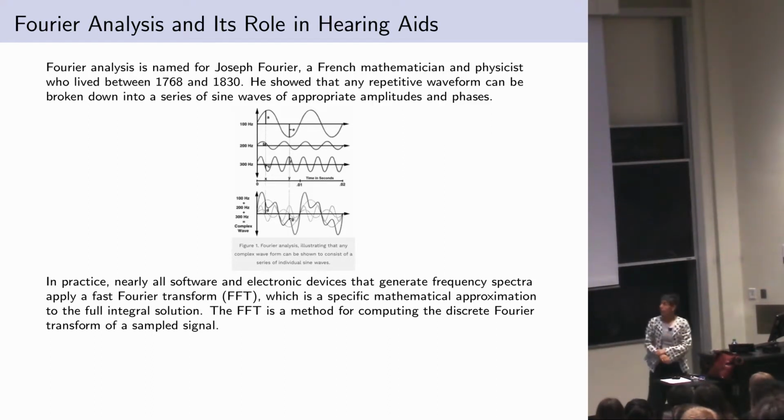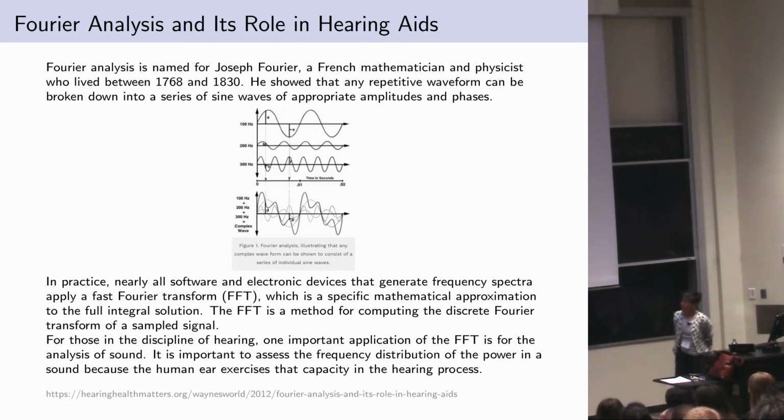You only take some, okay? And that's what the fast Fourier transform is, a way to compute some of the most important parts of the sound. And what they say is that this is very, very important because that's what our brain does when we hear sound. And if you're trying to help somebody who needs a hearing aid, that's what your hearing aid needs to do.